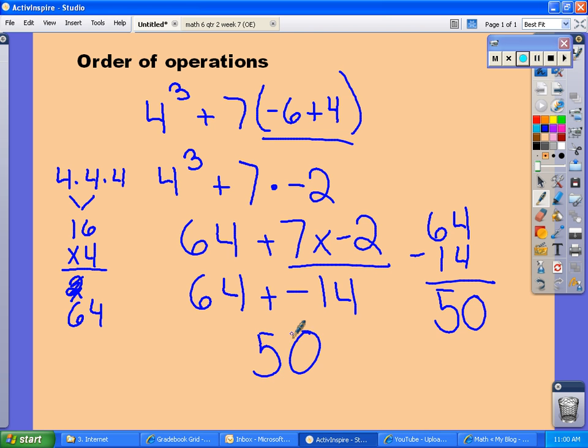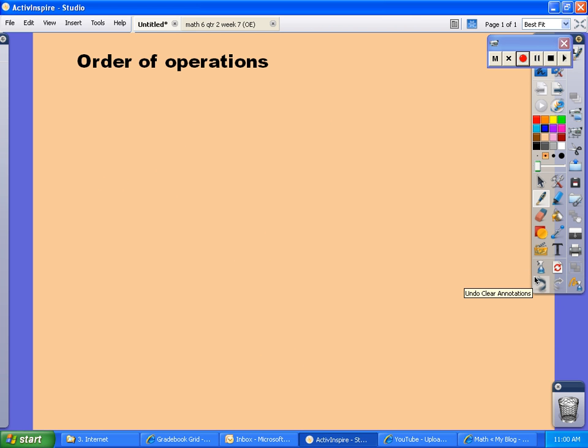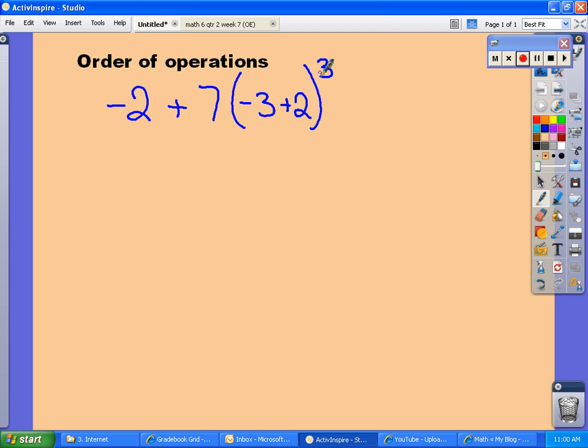It's just so important that you go over these rules in your head after you do each step. So if you had something like this, you would know what to do first.